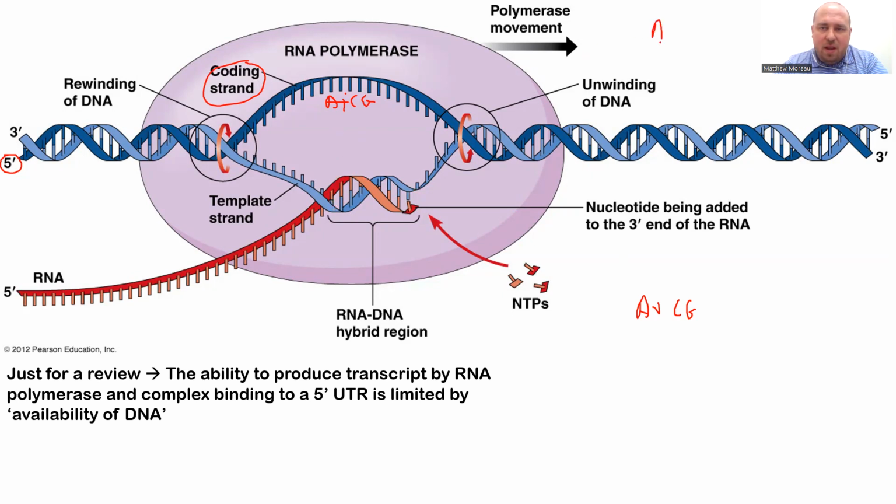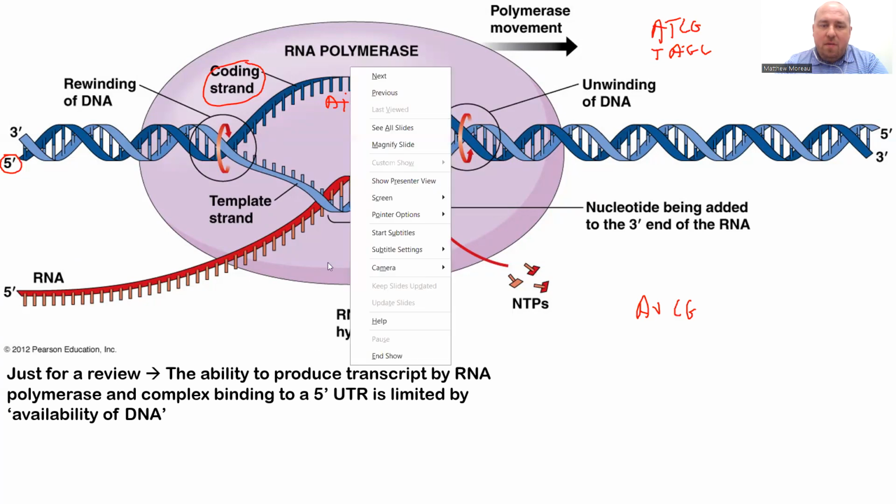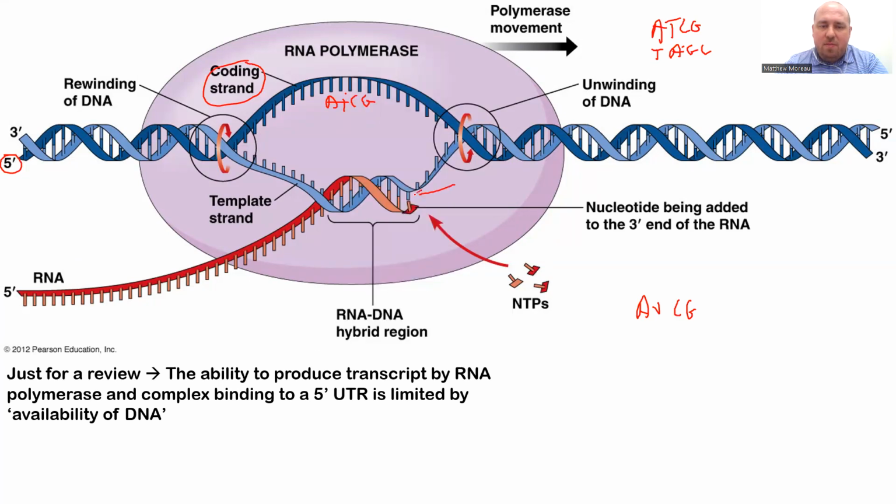If our DNA is A, T, C, G, our complement strand would be T, A, G, C. Now we know that RNA polymerase has to make the enzymatic cleft, and the active site of RNA polymerase makes this particular duplex system because it's reading the template strand in the 3' to 5' direction, and it's polymerizing in the 5' to 3' direction. So you have the 5' end, right, and this will eventually become the 3' end.